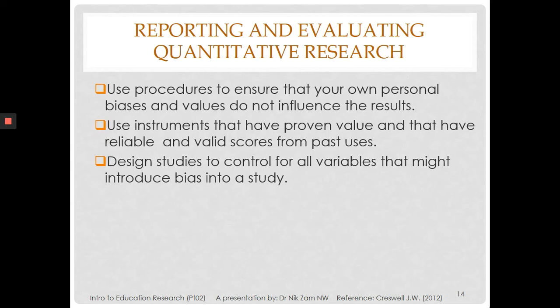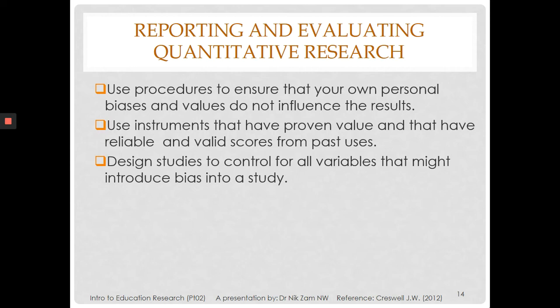Biasanya kalau you tengok previous research, if you are using questionnaires, dia adalah lebih reliable kalau dah ada questionnaire from previous study, because that questionnaire is already proven or tested berbanding dengan instrumen yang you create sendiri.